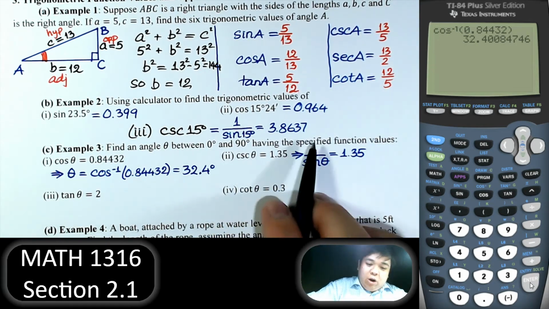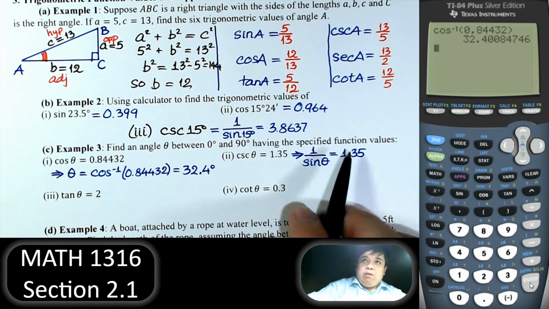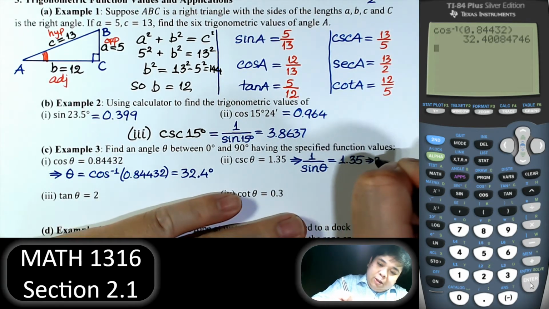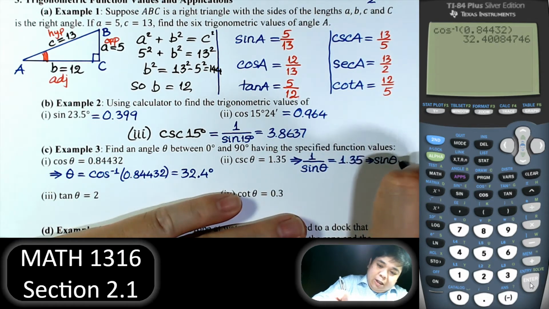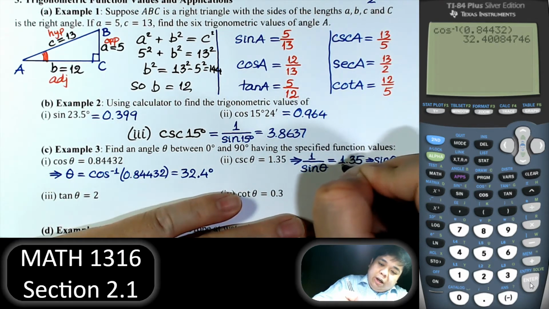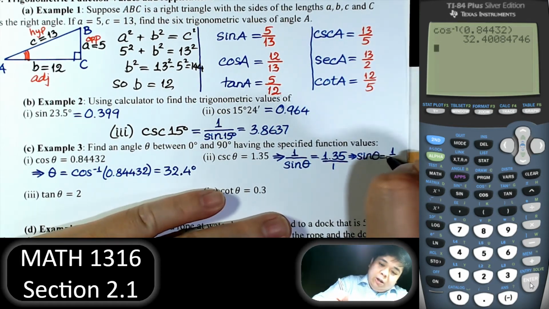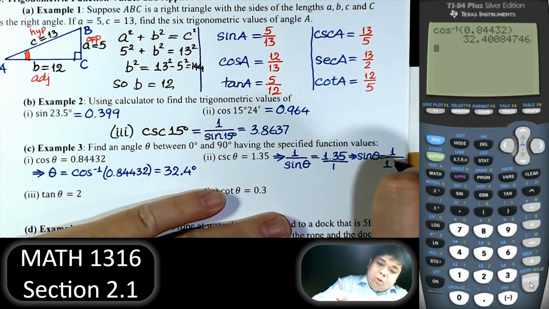So 1 over sine equal to 1.35. Now we're going to flip both sides. So sine equal to, we can write that over 1 and we flip it, so 1 over 1.35.